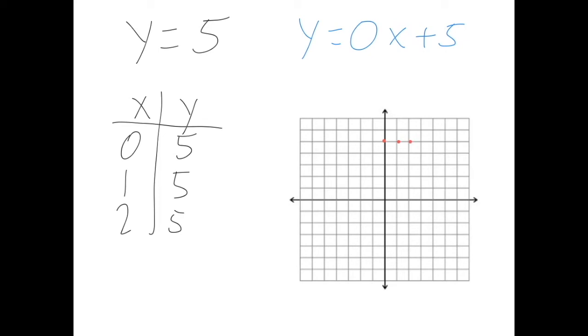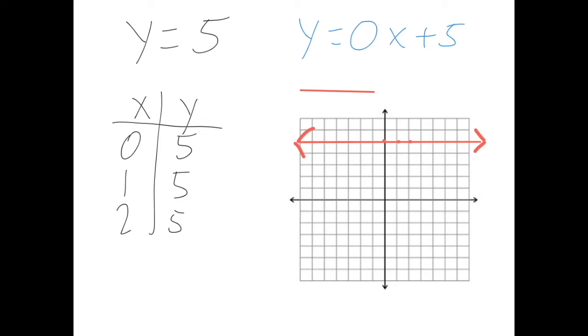So every time, we're making more dots, and they're all next to each other. They're all on the same horizontal line, meaning our line will be a horizontal line. So we draw our line, put our arrows on it to show that it goes on in both directions forever.